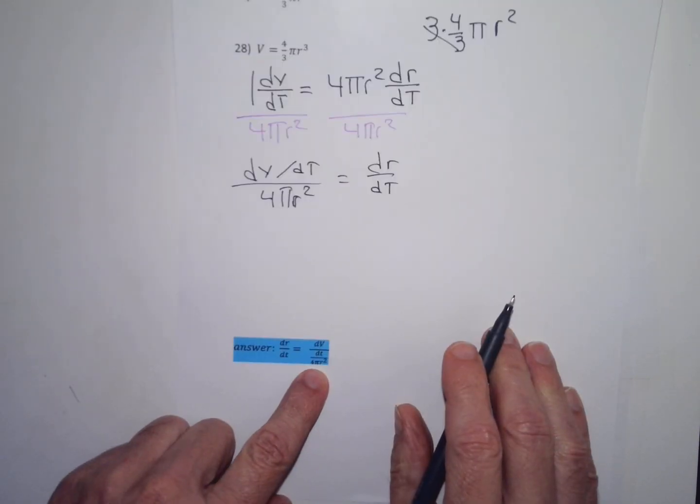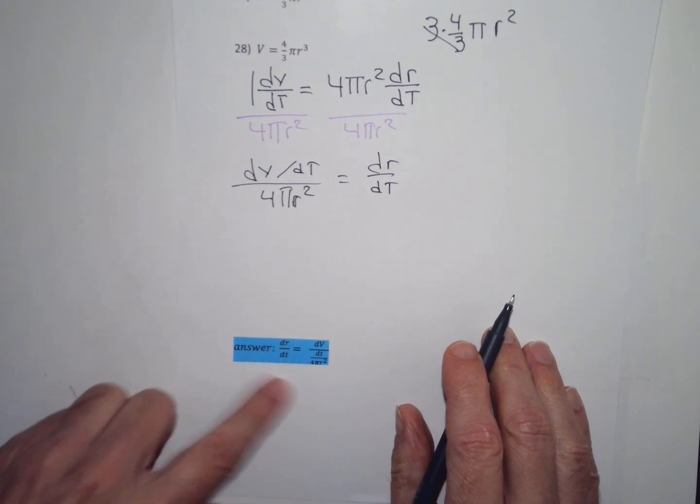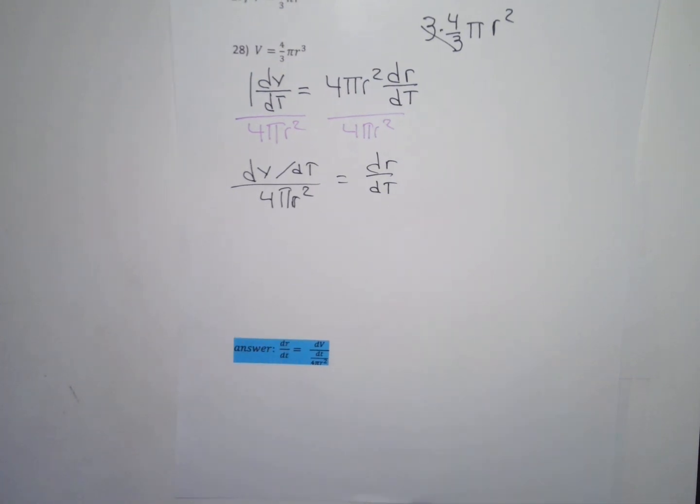And again, you can write the fraction as kind of a 3-layered fraction, and you can write the dr dt on the left. That's probably the more normal way to write it, rather than having the dr dt on the right, which looks kind of unconventional, but it's not incorrect, and it's just how the algebra came out, and it's okay to leave it like that.